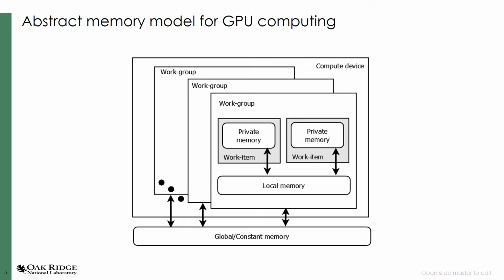This figure shows an abstract memory model in which a computationally intensive routine, a kernel, is executed to better utilize device resources. A kernel is typically executed in multiple instances. Each instance is considered a work item for a single element of work.